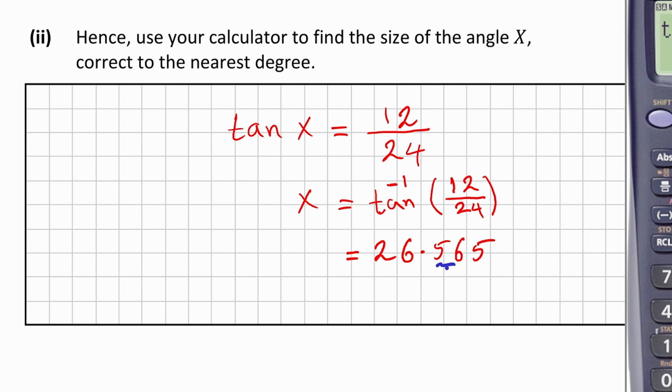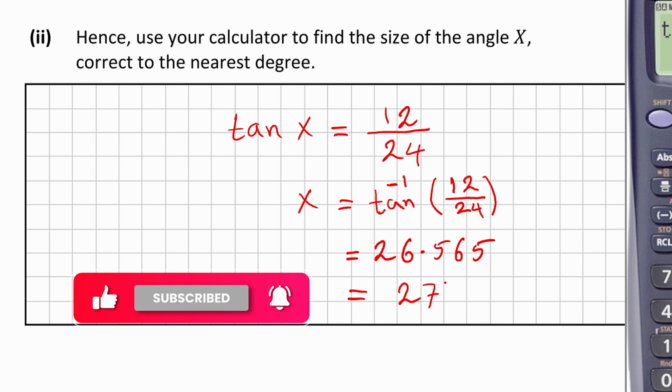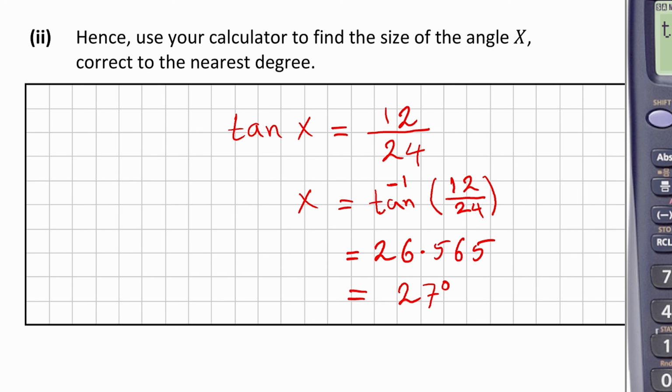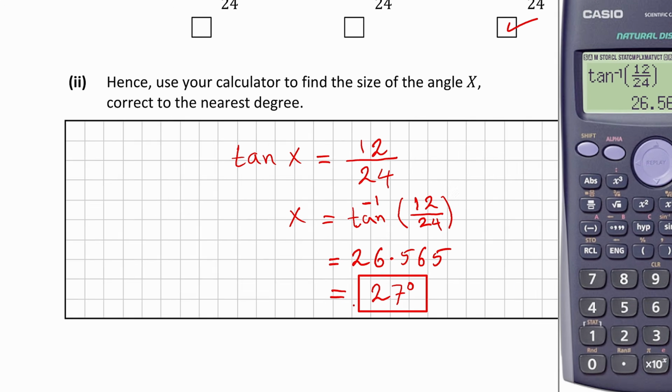So we have 26 plus 1, which gives an answer of 27. We write it down like this: 27 degrees. This represents the correct answer for this part.